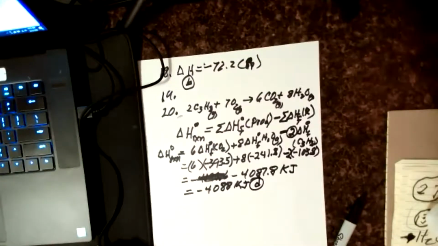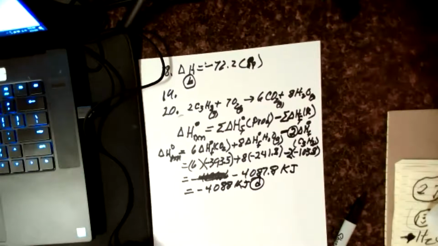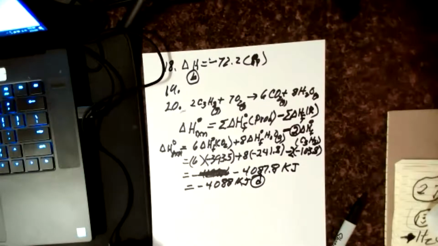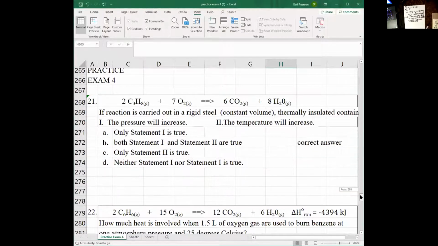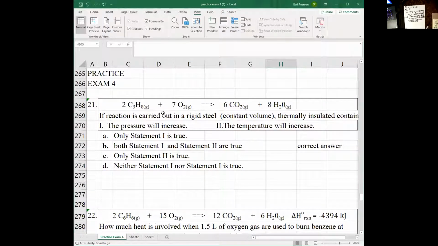All right. I need to go back to here again. And now I'm ready for number 21. Now, this one, I think we can do without going to the pad. We can look at the reaction, and I think we can get the answer.